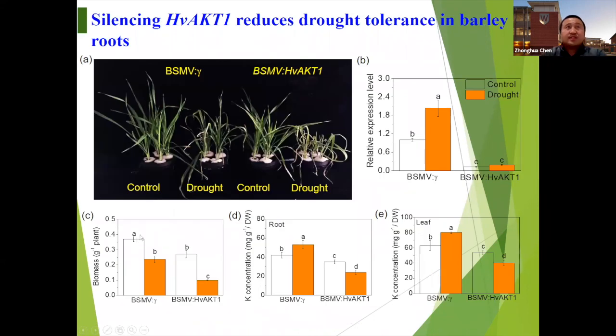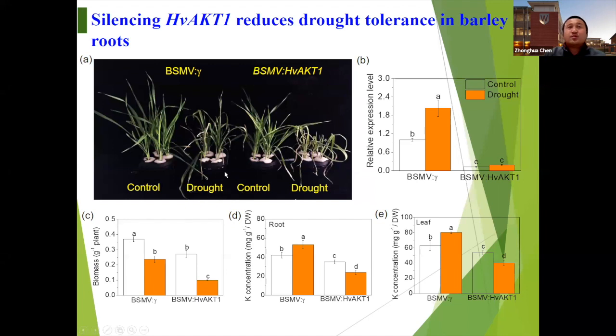And we use a transient silencing technique, VIGS technique, to silence the HvAKT1, and so we clearly see that after silencing the HvAKT1 in barley, the drought tolerance has reduced. You can see from the visual, the picture.